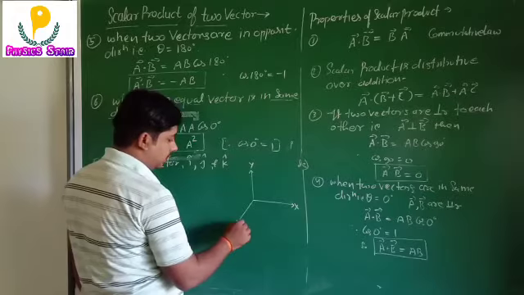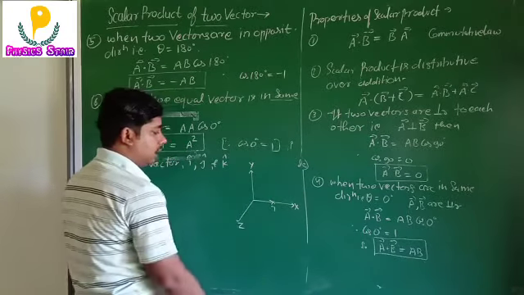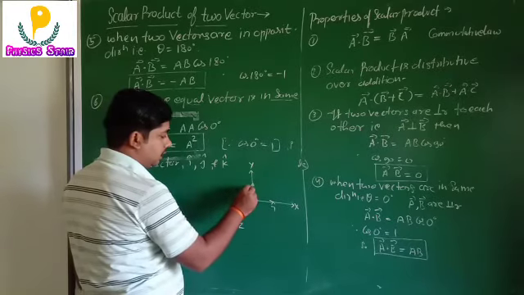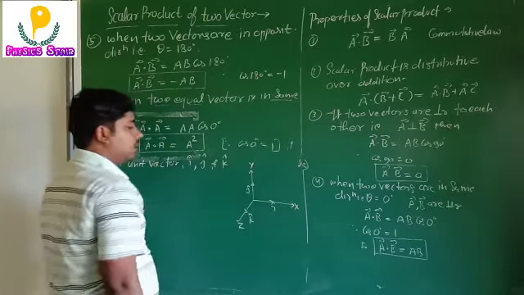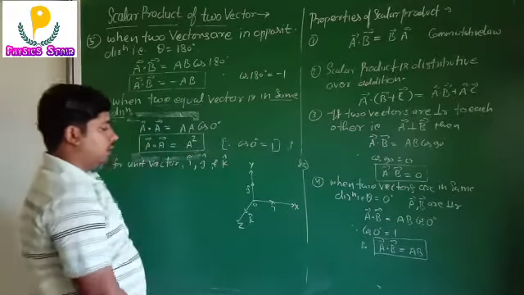The unit vector along x is I, the unit vector along y is J, and the unit vector along z is K. And this is the origin.